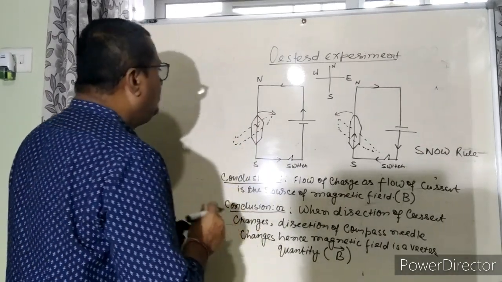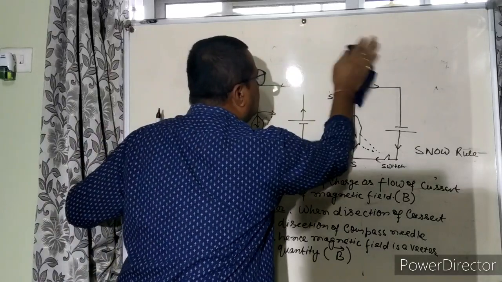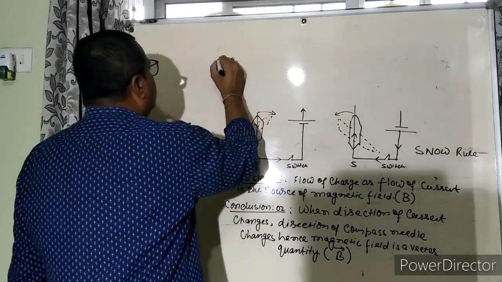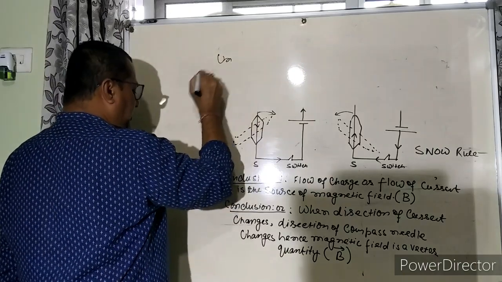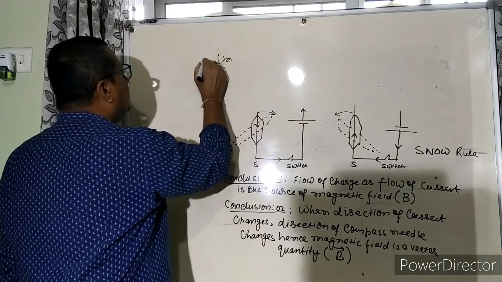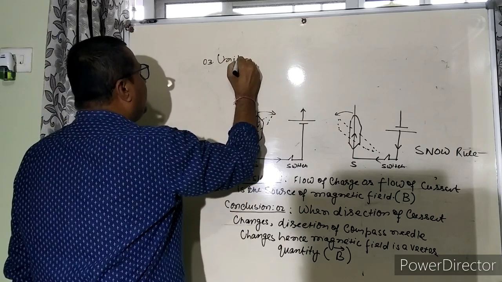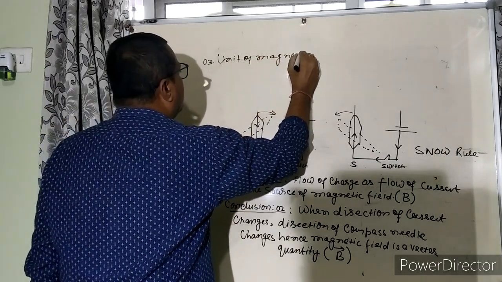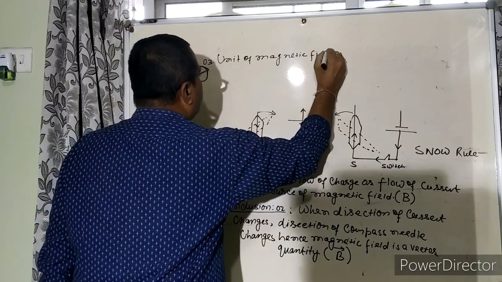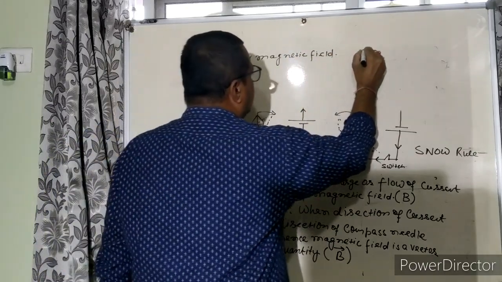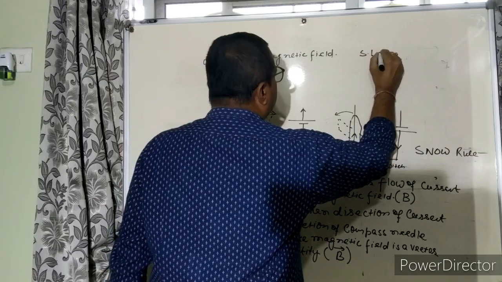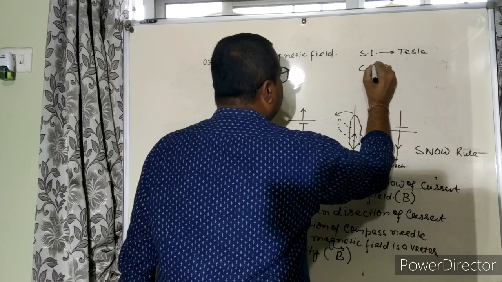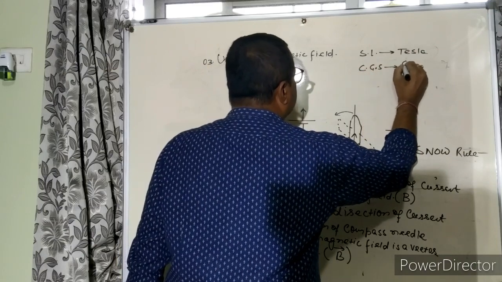So, number 3, unit of magnetic field: SI unit Tesla and CGS unit Gauss.